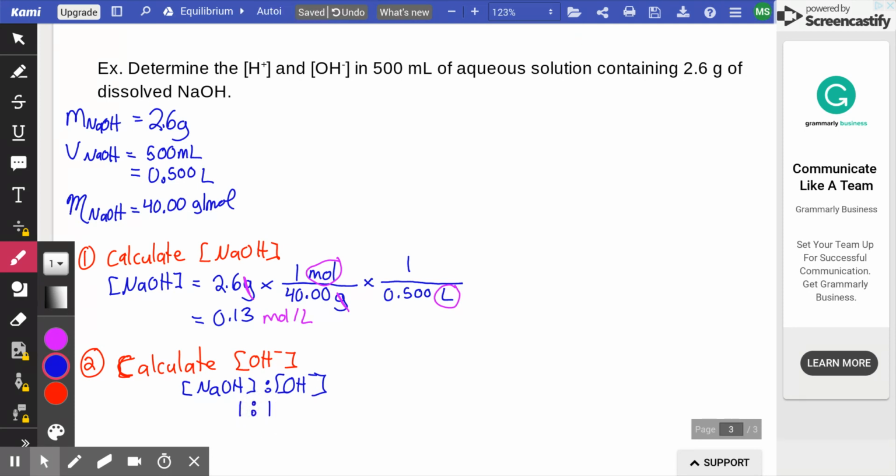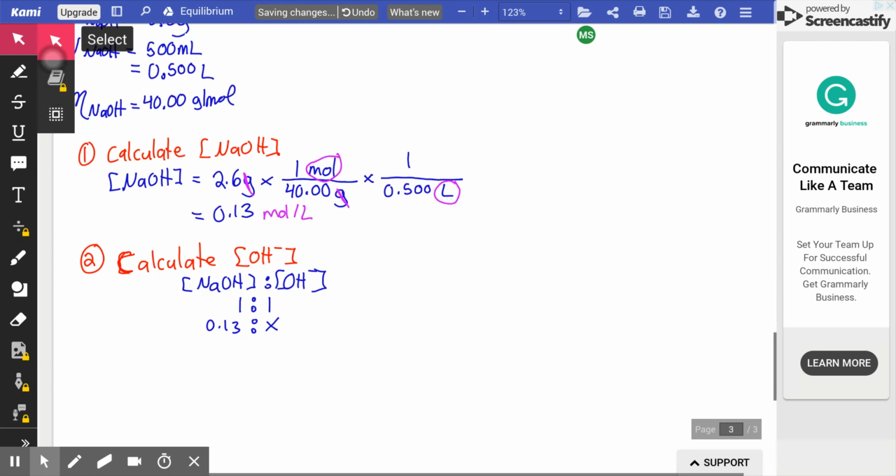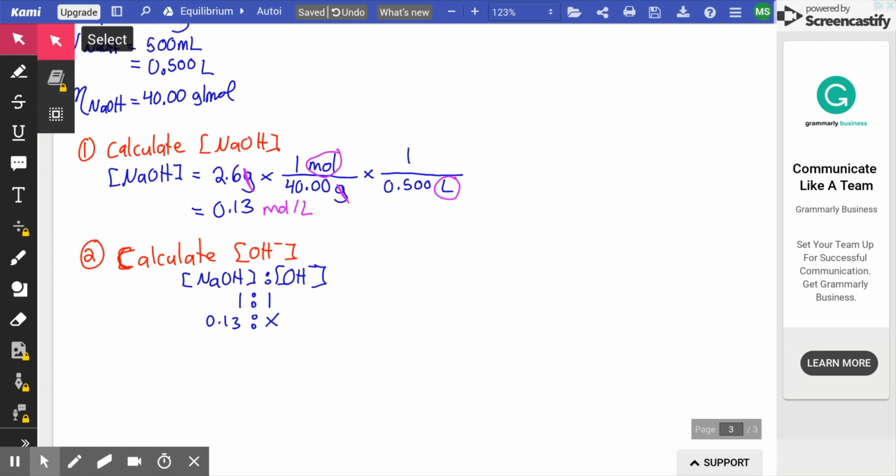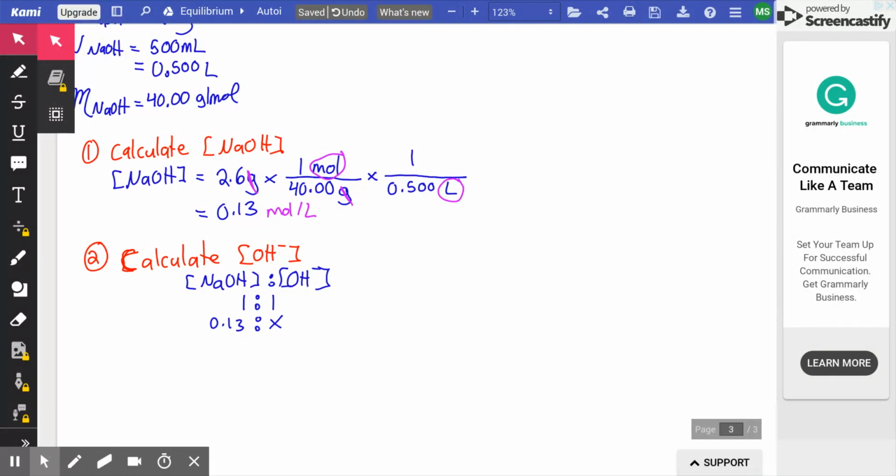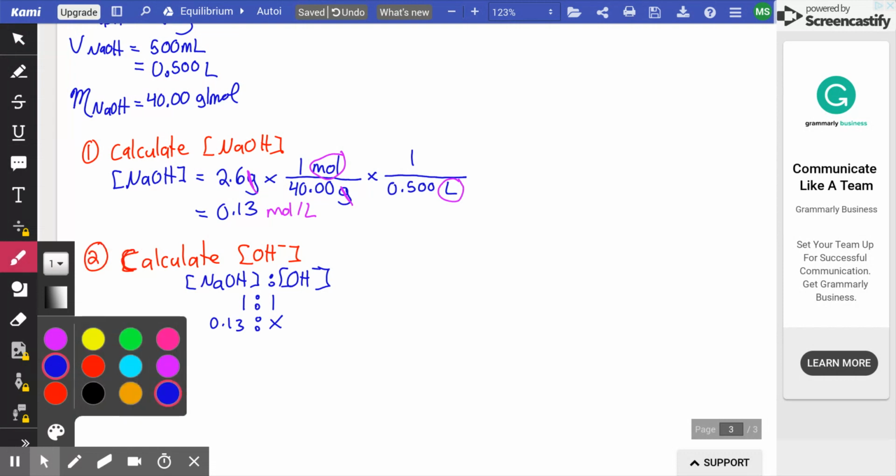So when the sodium hydroxide is 0.13, hydroxide is X. Just showing you the process. I know you can do this without math, but you will have to use math for more challenging questions. So X equals 0.13. The hydroxide ion concentration, really should probably have an aq in there, equals 0.13 mole per liter.